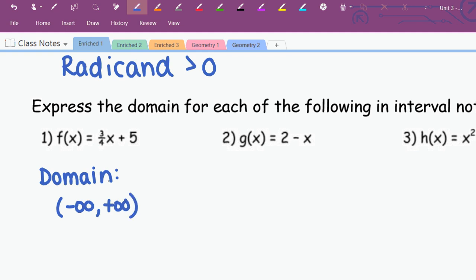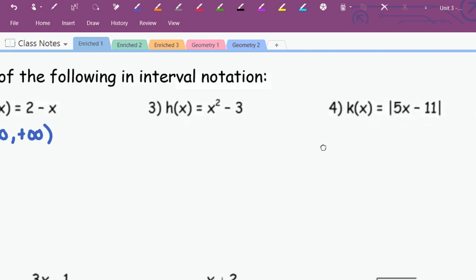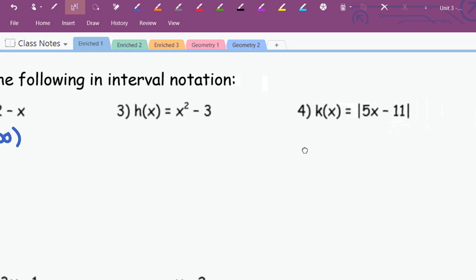What about in question 2? g of x. What would the domain of g of x be? Harlan, what do you think? Same thing. Are there any inputs that you wouldn't be getting an output for? No. How about the next one up, I think, the quad. x squared minus 3.